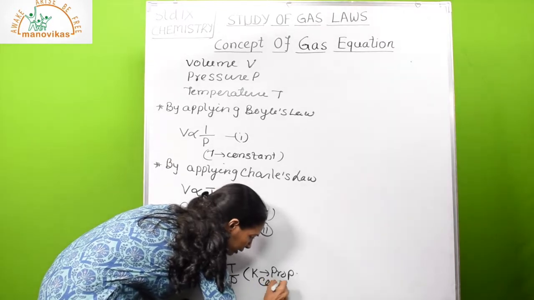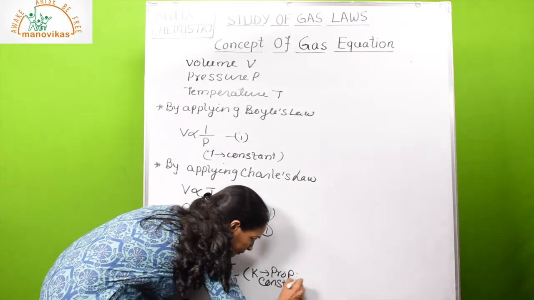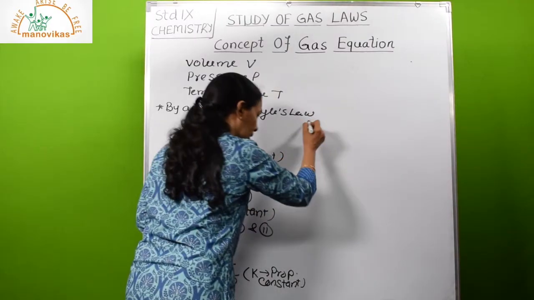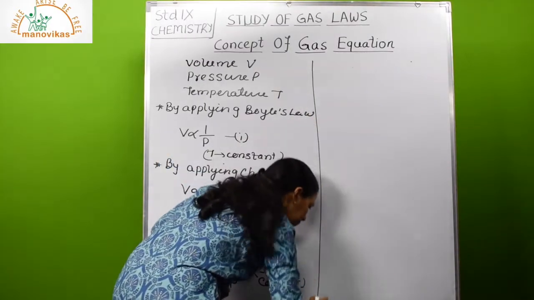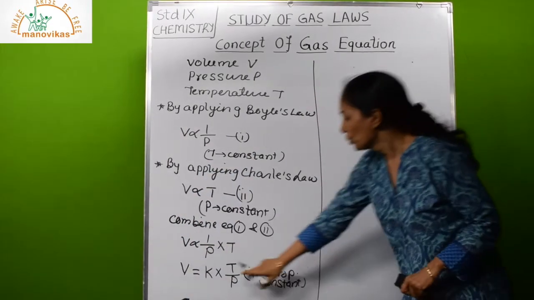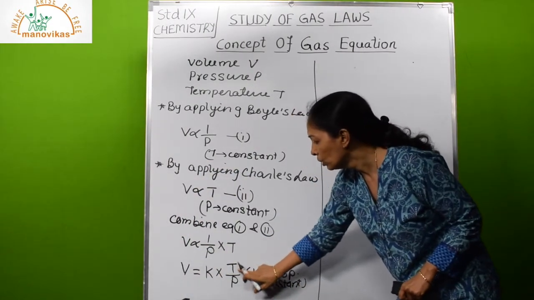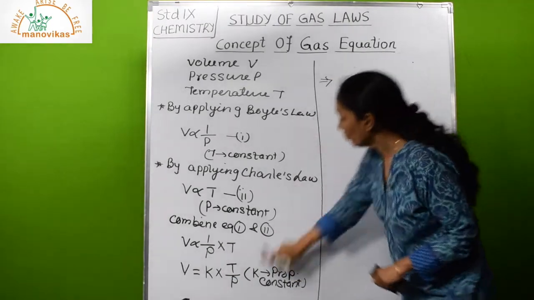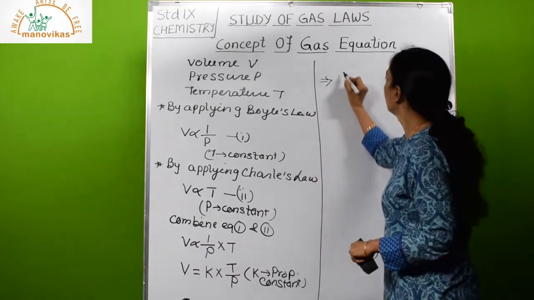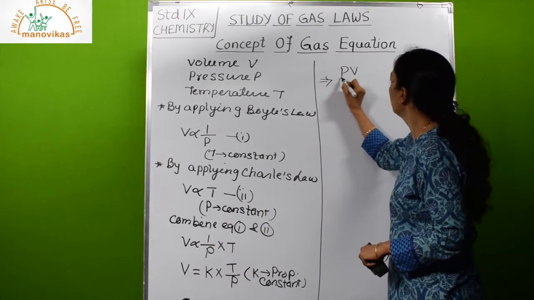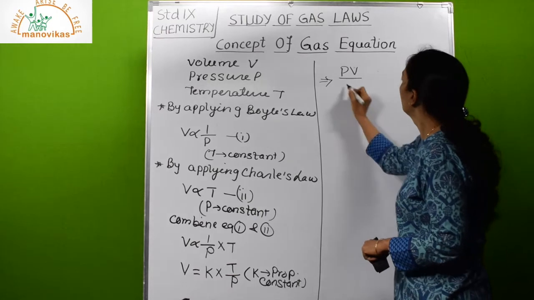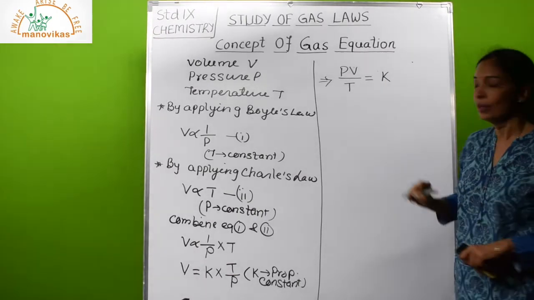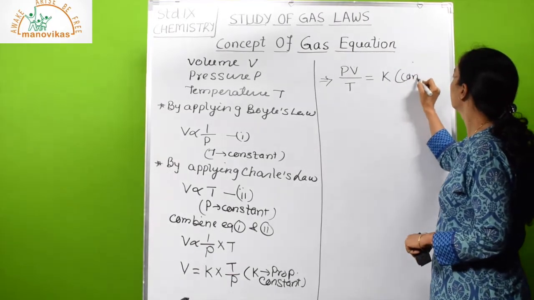So V is equal to K into T upon P, which can also be written as, if you take this P this side, it will become PV upon T is equal to K, where K is a constant.